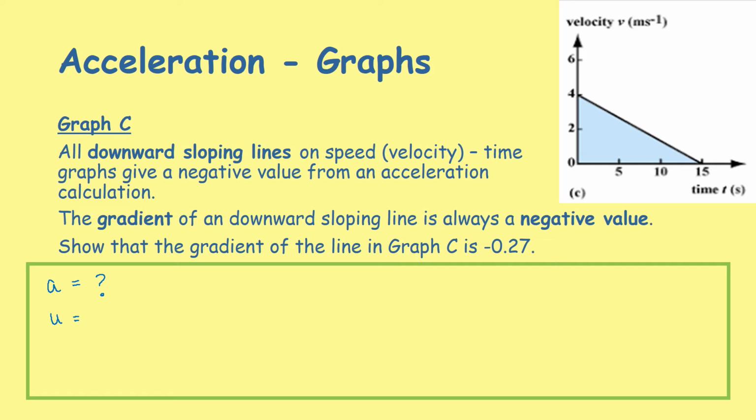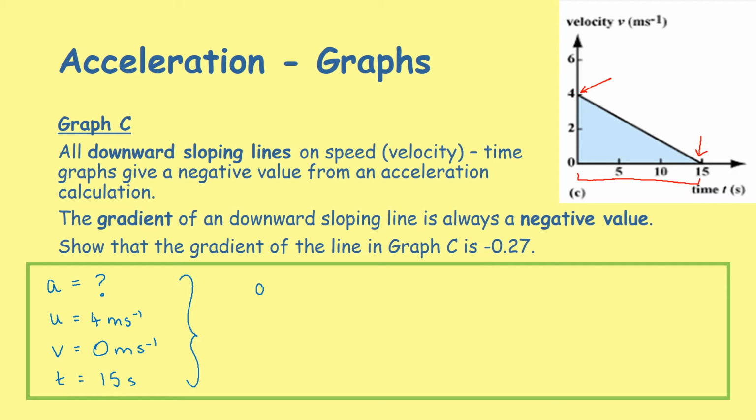Our initial speed, our final speed, and our time are what we need to get from the graph. So looking at the graph, our initial speed at the top of the line is this 4 meters per second. And our final speed is at the bottom of the line down here, which we can see to be 0 meters per second. And we also have a time, again, just like the last two graphs, of 15 seconds.